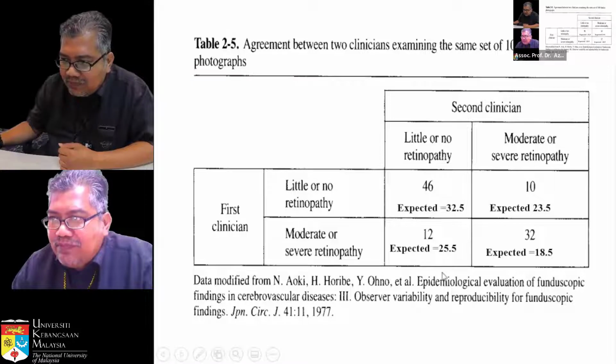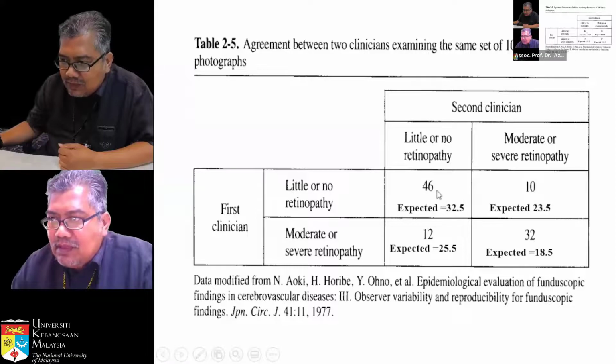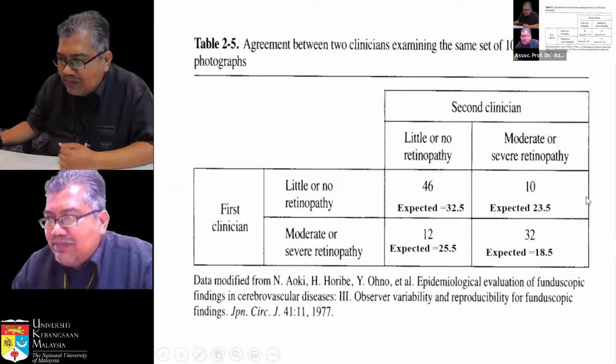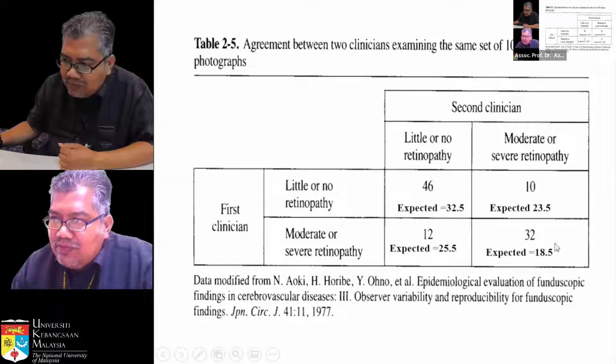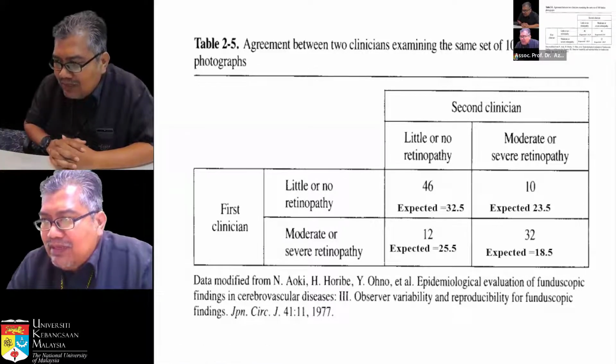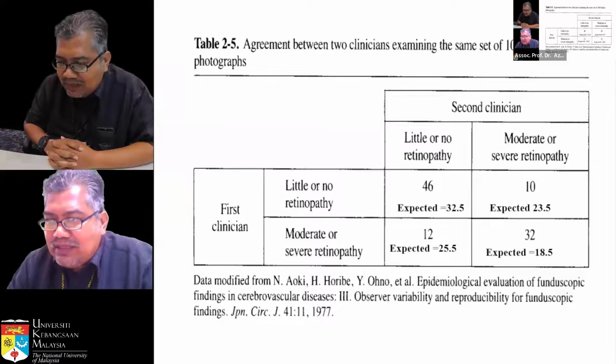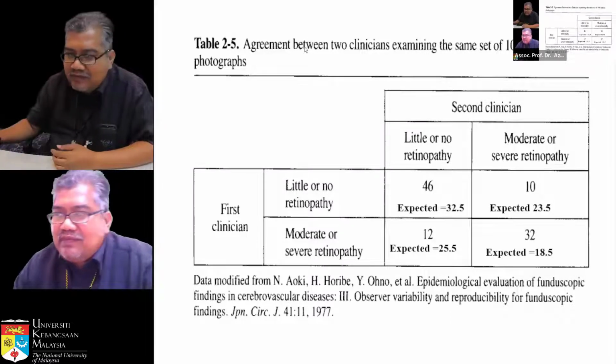To get this, you use the formula of the sums: this row total and this column total, multiplied, then divided by the grand total. The same way I covered on Friday. The sum of 46 and 10 is 56. So 56 times 58 divided by the total, which is 100, and then you get 32.5.